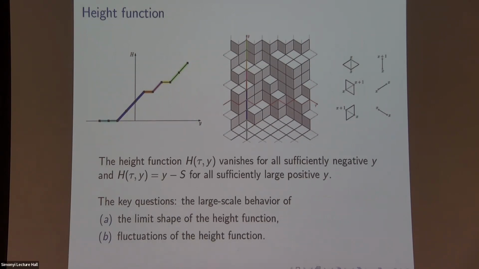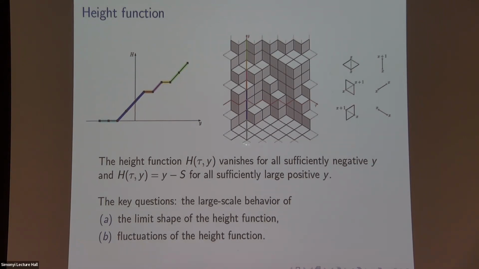So the most important object in tiling model is the height function. Let me give you one of the definitions. When we deal with Lozenge Tilings and think about them as a stack of cubes, then there is a very natural definition of the height function where we simply compute the height of each stack of cubes. So the height function is defined on vertices of a tiling configuration.